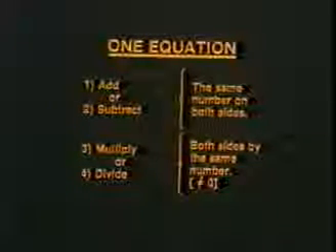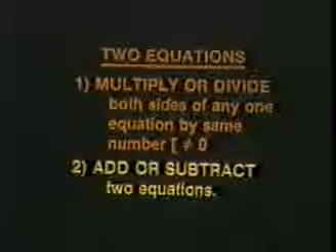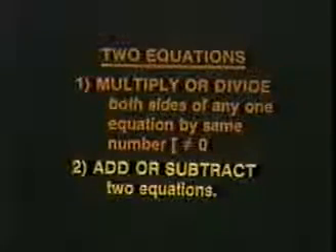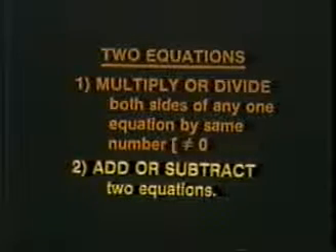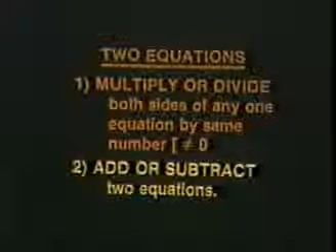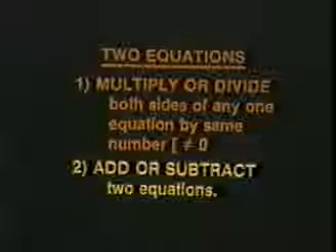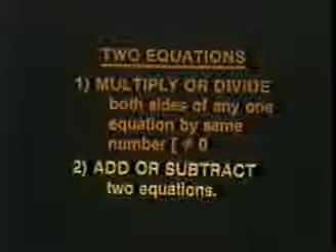That was for one equation. If we apply the same thing to a system of 2 equations, we find that multiplying and dividing work exactly as they did before. But adding and subtracting are something else. Add or subtract 2 equations. Can we do that? Will it work?